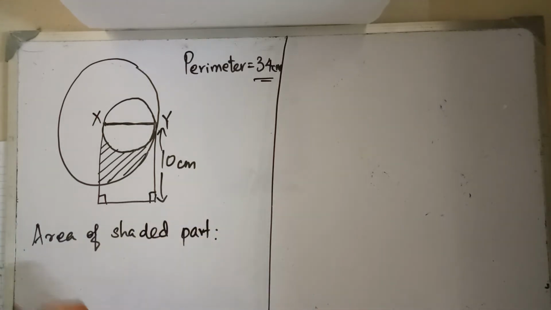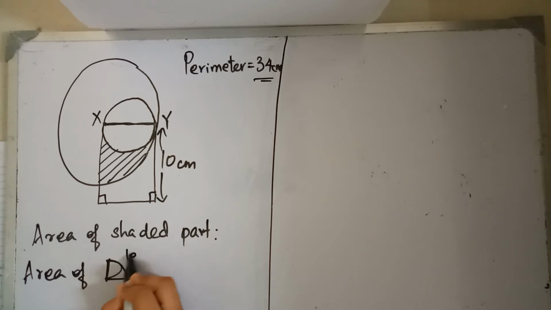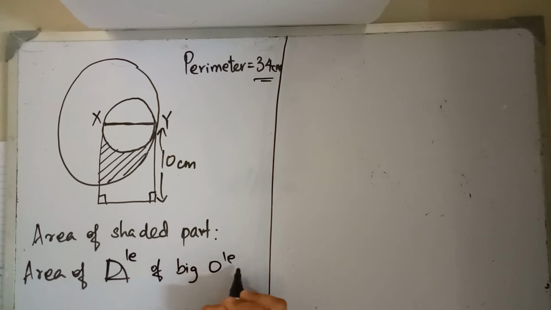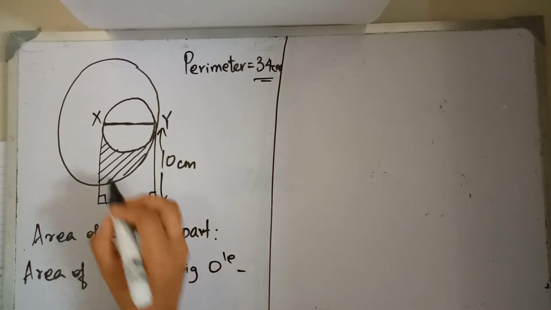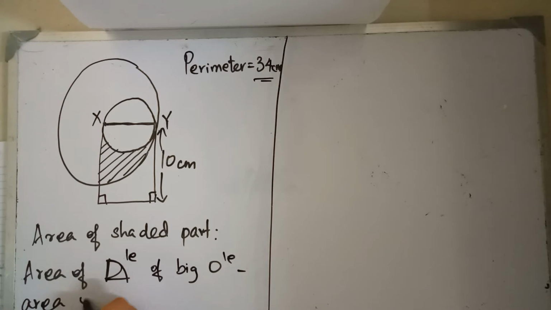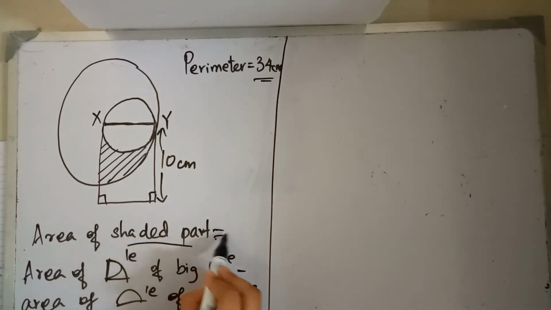Area of the shaded part is area of quadrant of big circle minus area of semicircle of small circle. The difference of both of these will give the area of the shaded part, which is what they are asking in the question.